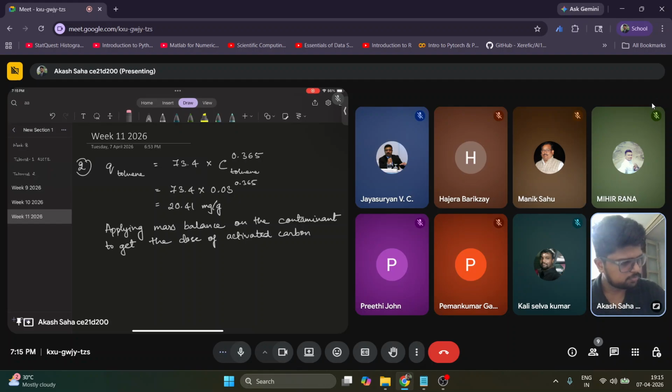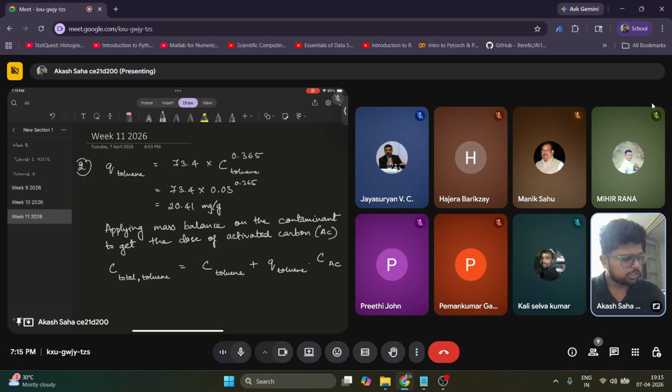So we can say that the total concentration of toluene, C total of toluene, will be equal to the concentration of toluene in the system, in whatever flask they are using, plus the Q of toluene, that represents the amount that is adsorbed on the adsorbent, into the dose of the adsorbent, that is activated carbon, AC.